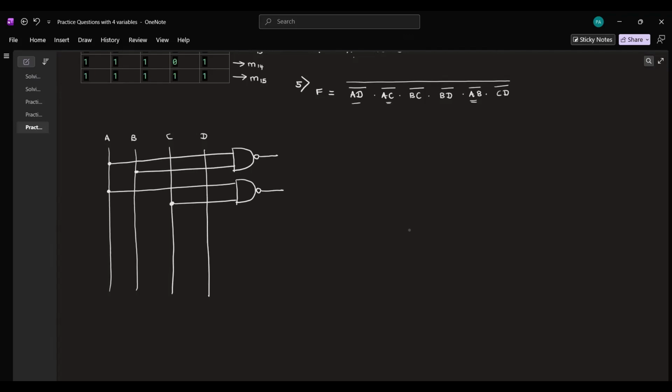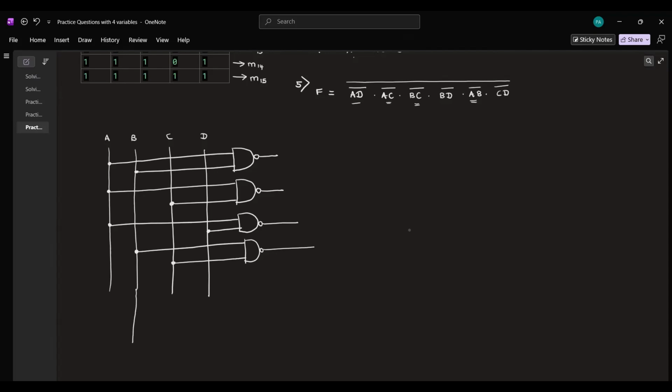And then A and D require a NAND gate. So we will give them also a NAND gate. And then B and C require a NAND gate. So we will give them a NAND gate. Since you know the pattern, you will also know B and D require a NAND gate.